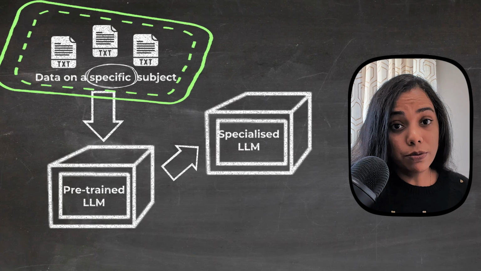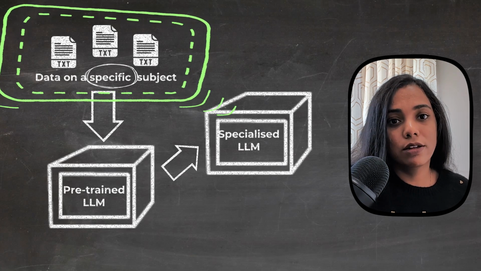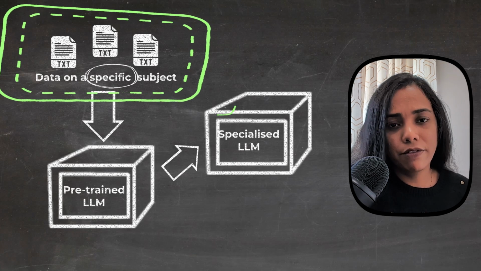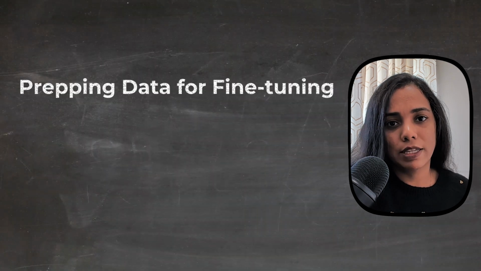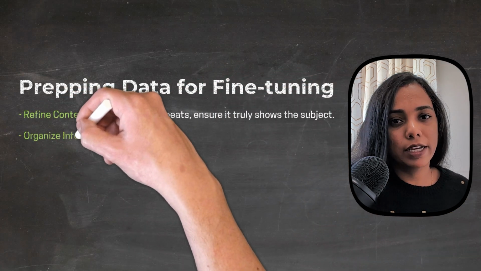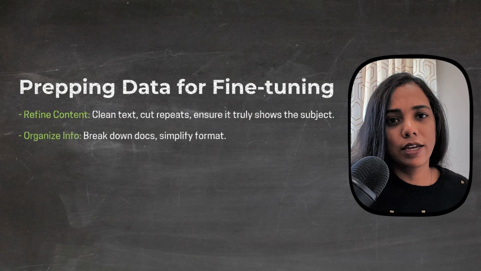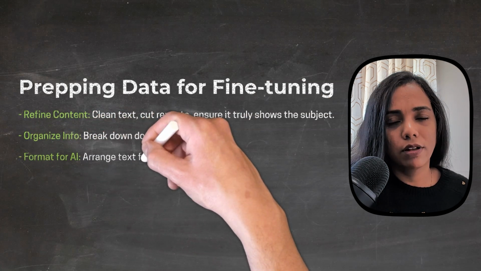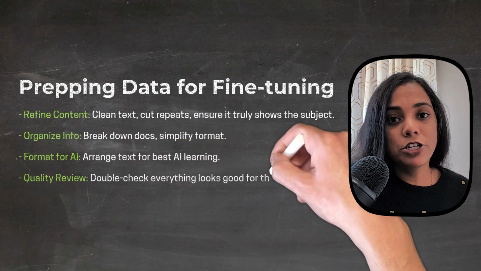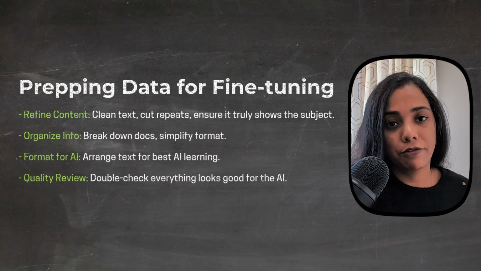Now, what you do is you gather all the documents, raw text, everything that you have related to your specific domain separately. Then you clean this text to make sure there are no duplicates, irrelevant data, and things like that. And you make sure that it is representative of the knowledge that you would like your LLM to have.